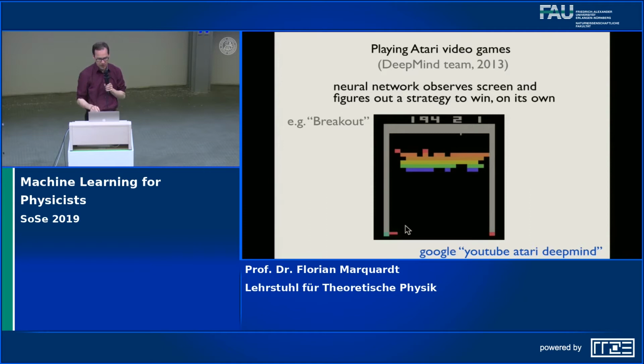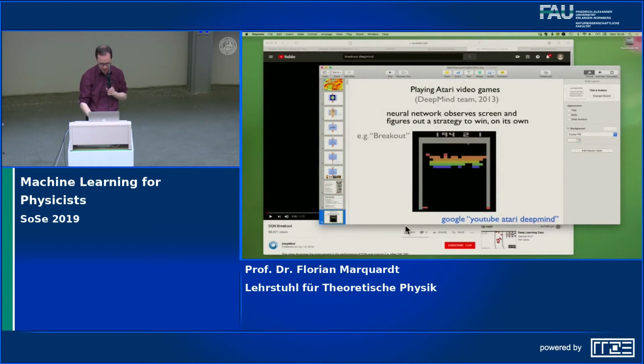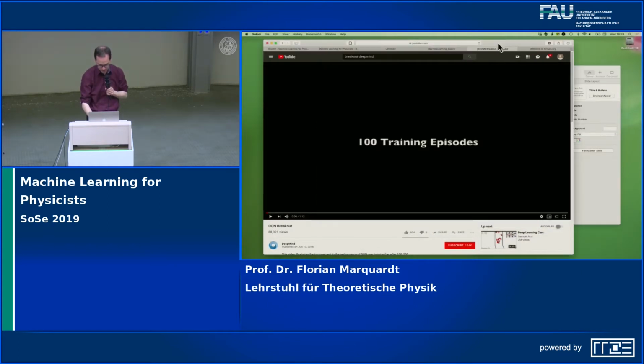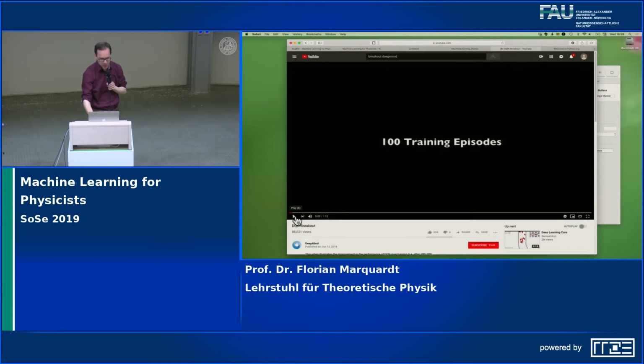But now I just want to show you in a video that they took how good this machine player, how good the neural network can become. So I'll just have to switch to the movie. Okay, so what you will see now at first is how the computer behaves after only a few training episodes, when it has played a few games.